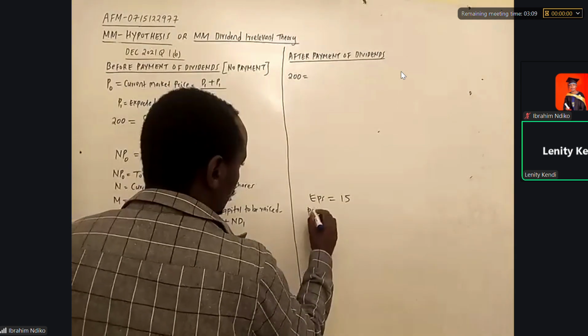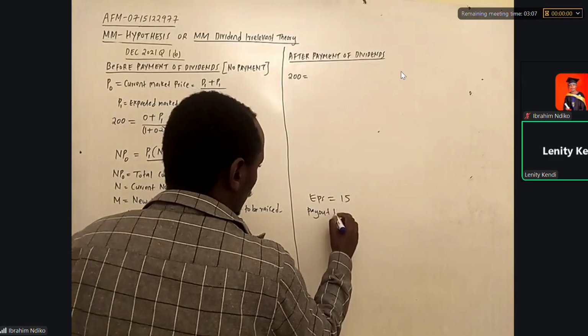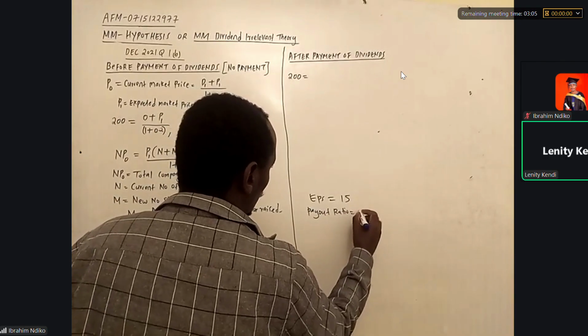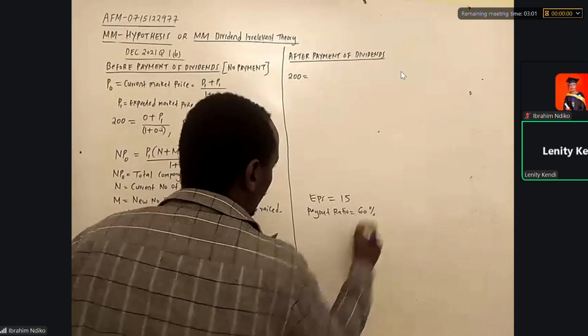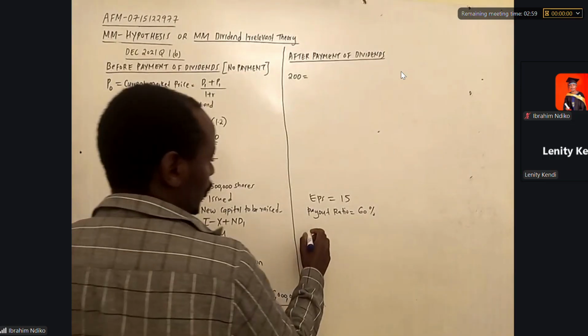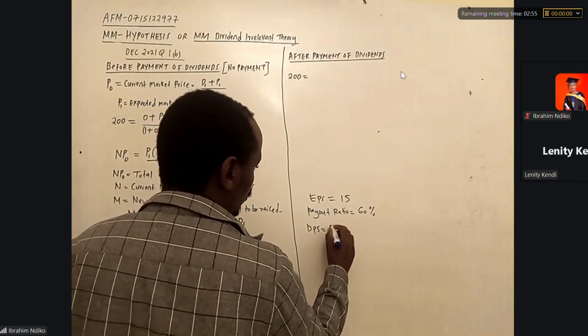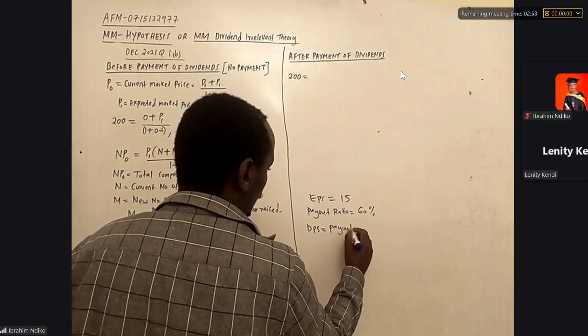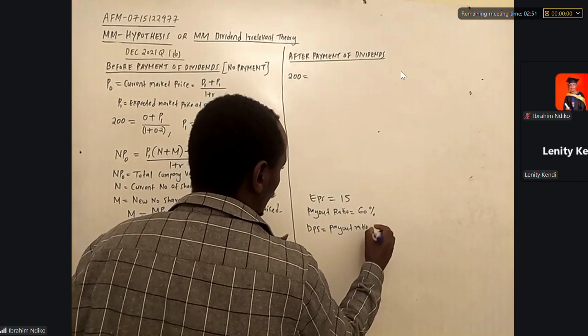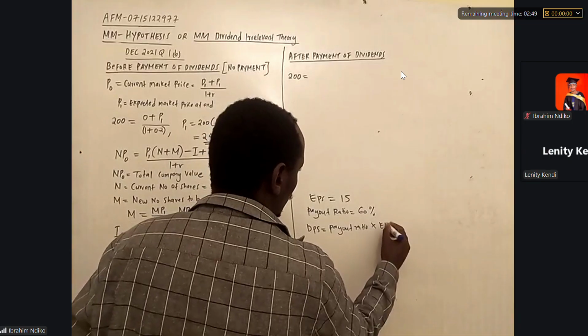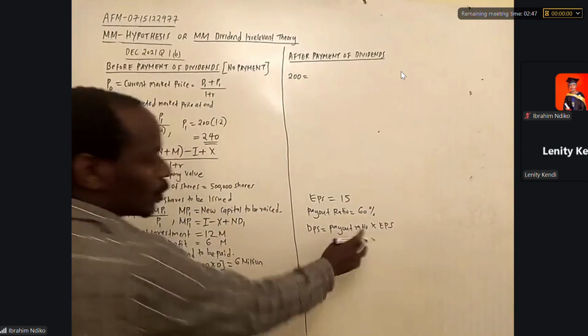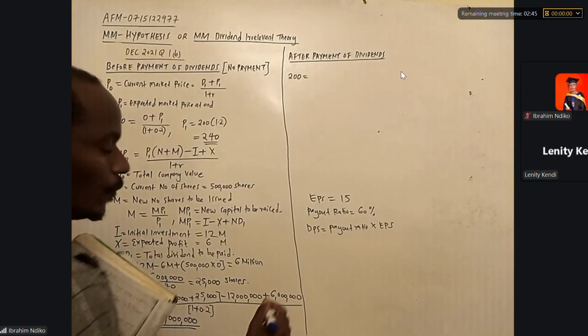Okay, we will use this. We know DPS is equal to payout ratio times EPS. No query. So you pay dividend out of profit, right?